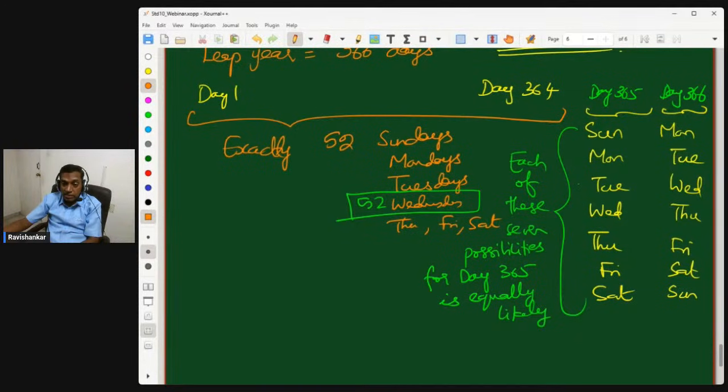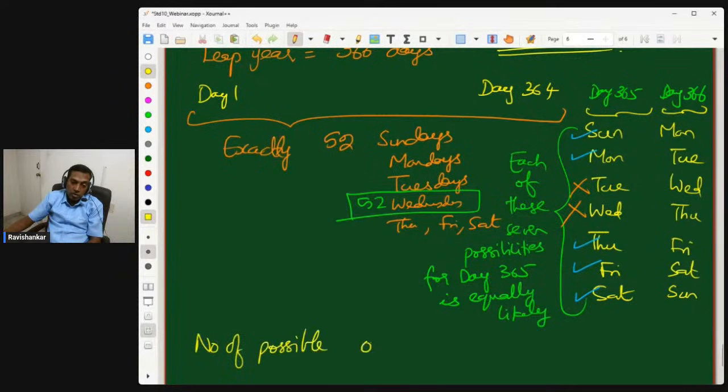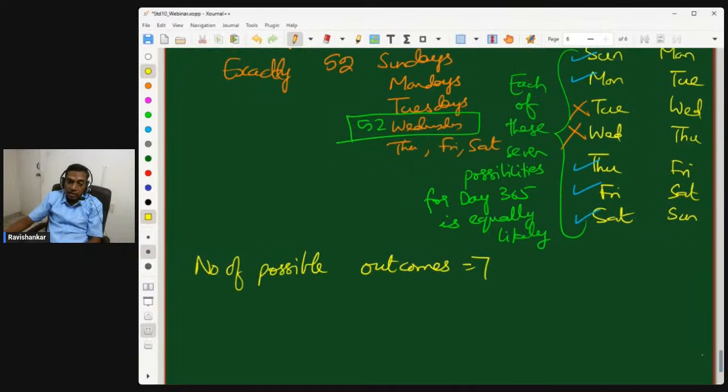That means these two are out. They are not favorable. The favorable ones are Sunday-Monday, Monday-Tuesday, Thursday-Friday, Friday-Saturday, Saturday-Sunday, no Wednesdays. So number of possible outcomes is 7.